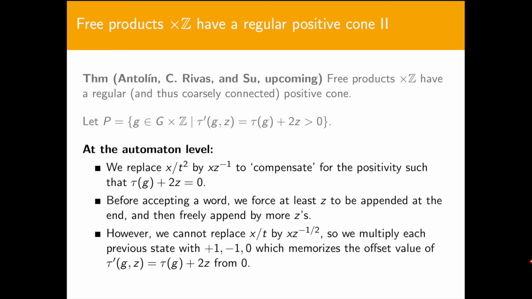So we need to multiply each previous state that we had in the one counter automaton with +1, -1 and 0, which will memorize the offset value of your tau prime from 0. Your tau prime count knows it's not going to be quite 0, but it's going to be nearby, +1 or -1. And you'll use the finite amount of memory to memorize that offset.